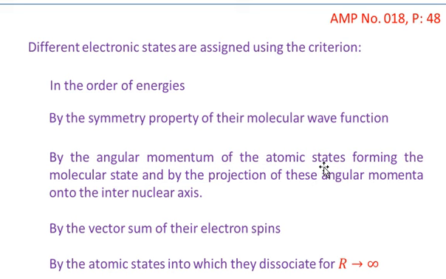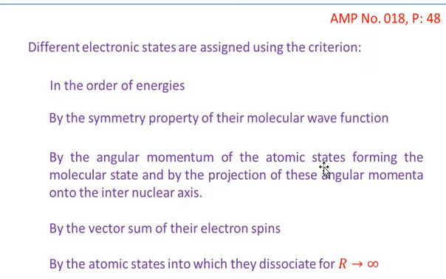On the basis of that, there will be projections either of the individual orbital angular momenta of different electrons on the internuclear axis or the z axis, or there will be a projection of the total angular momentum L, the summation of the orbital angular momenta of different electrons.